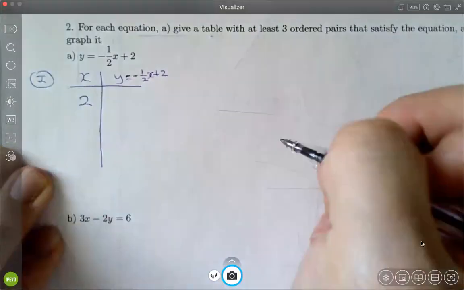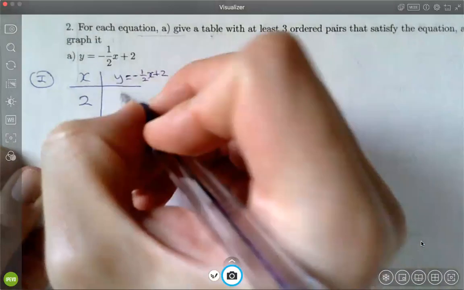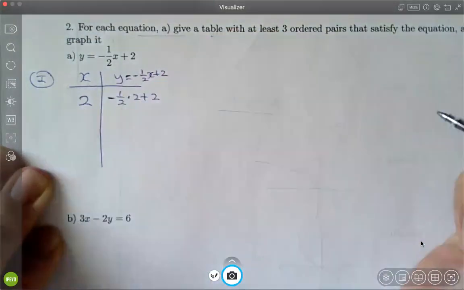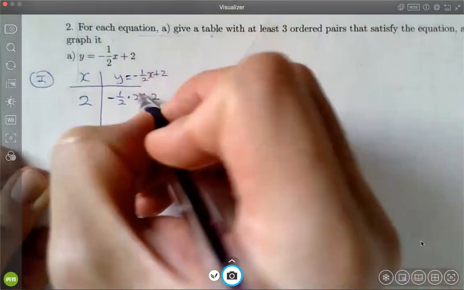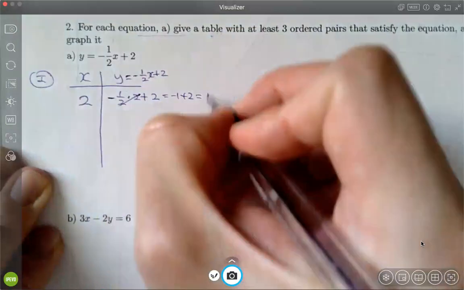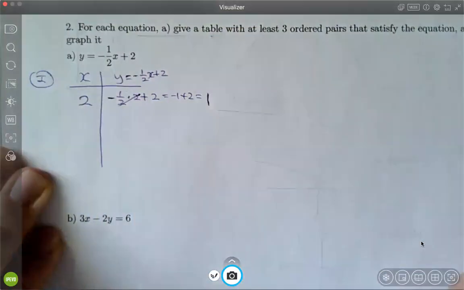When x is 2, what's the value of y? Negative 1/2 times 2 plus 2, right? And what's that equal to? Negative 1 plus 2, so that's 1, right? Okay, so that's a good point.